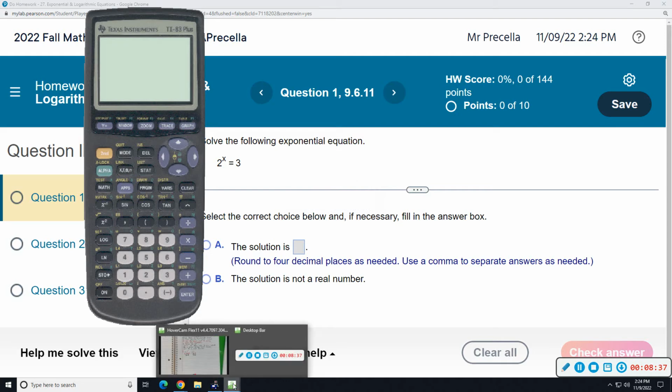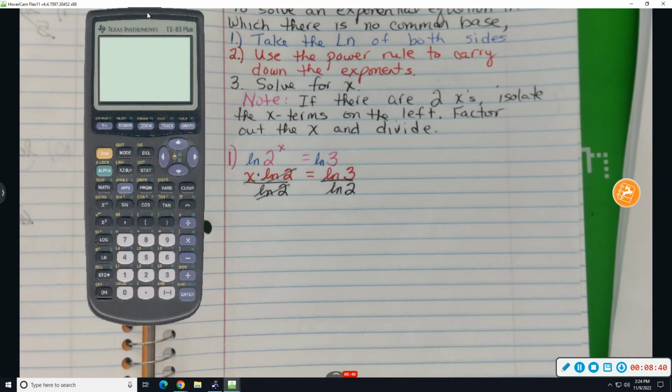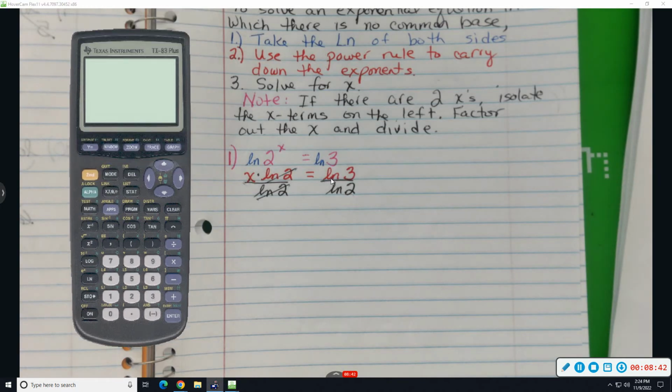Let me look back over here. In order to punch in ln 3 divided by ln 2, it's a little tricky. On this calculator, the ln is right here. Ooh, let me clear all of that. When I mash the ln button, notice how it opens parentheses. That's going to be the thing that causes trouble.